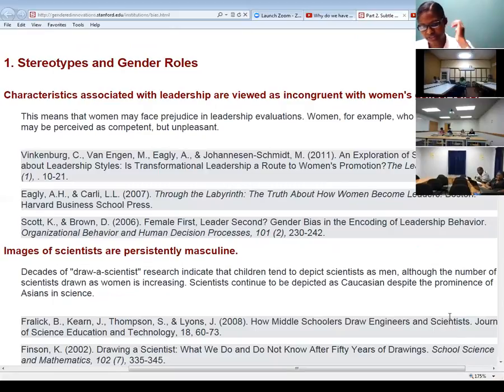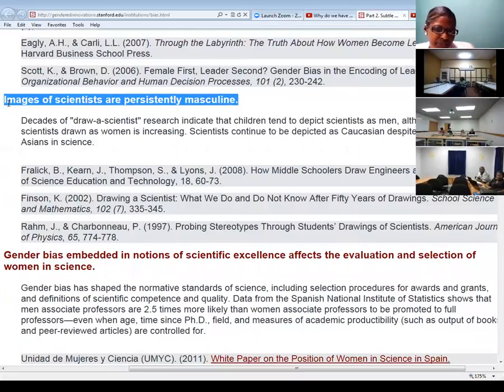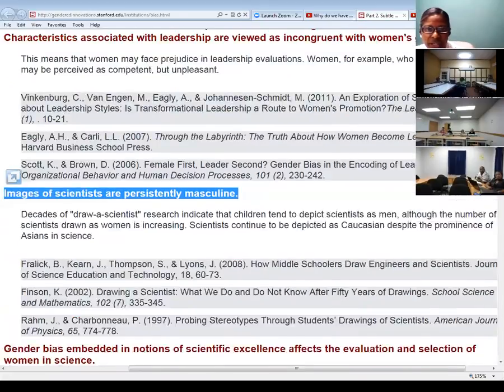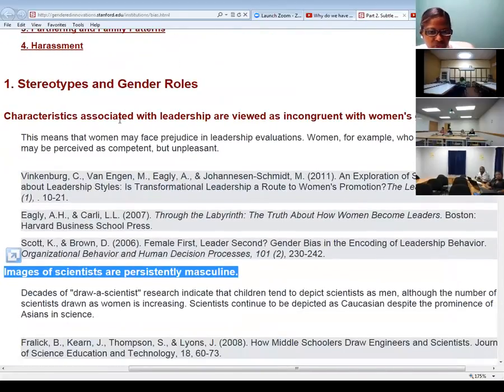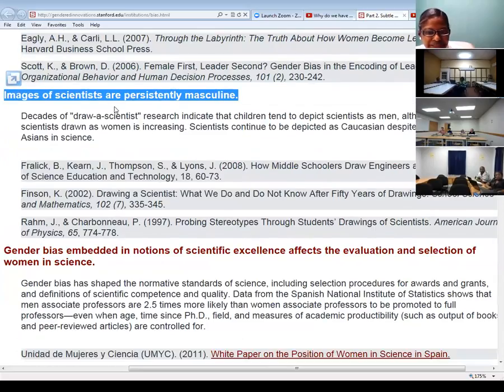All right. Look at this one. I'm looking at images. So we're looking at gender bias. Research that has been done to illustrate how gender bias occurs, and this is all about sciences. This section here is stereotypes and gender roles, and the one I'm highlighting is images of scientists are persistently masculine. Now, that might be changing because we have notable scientists who are women, but look at this.